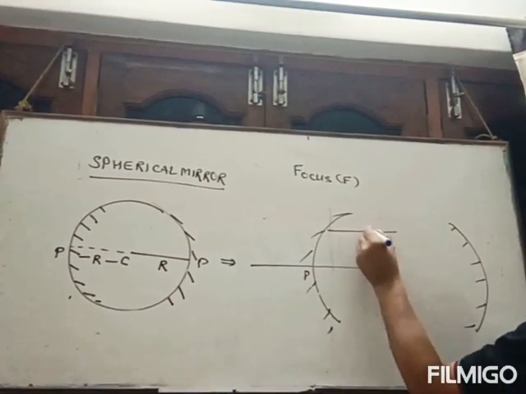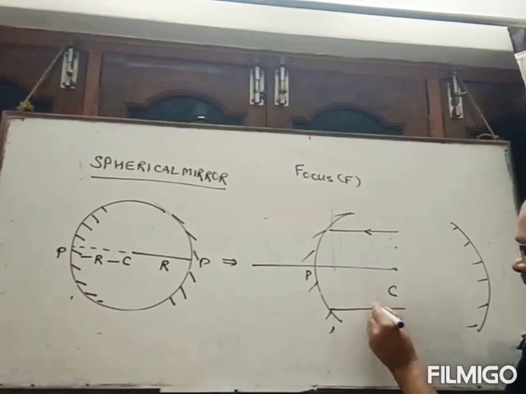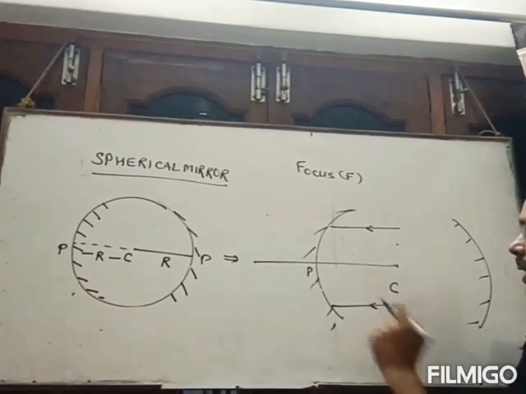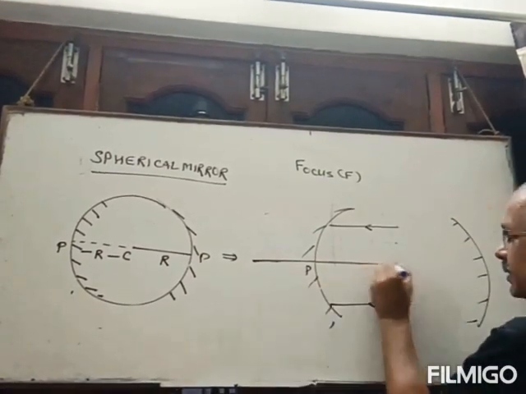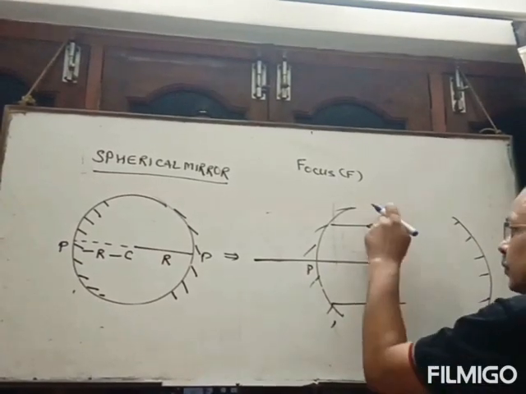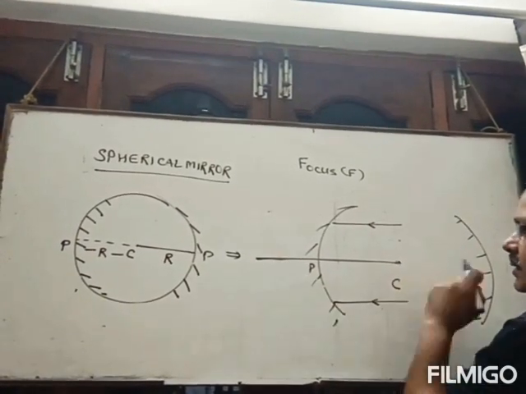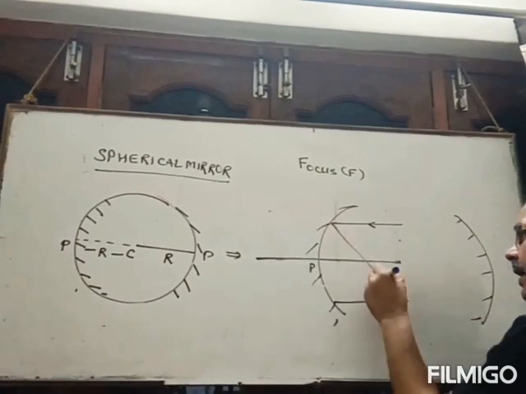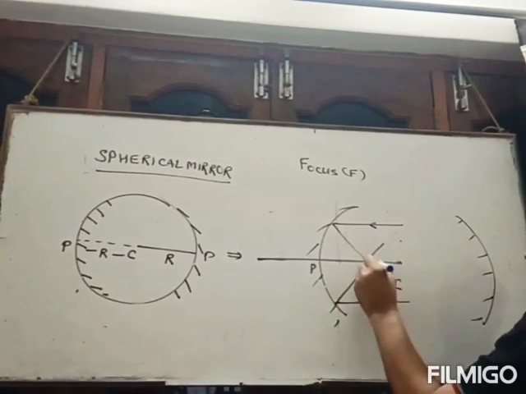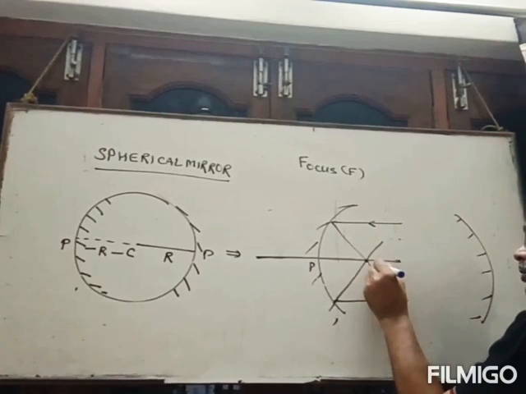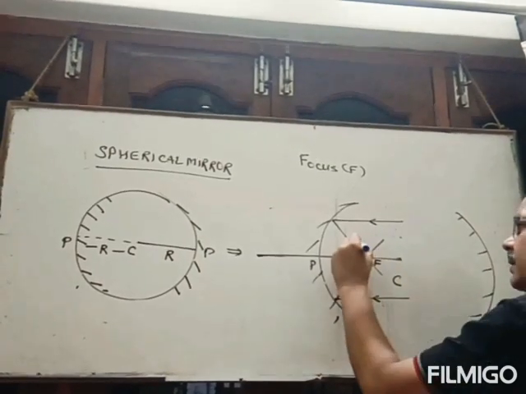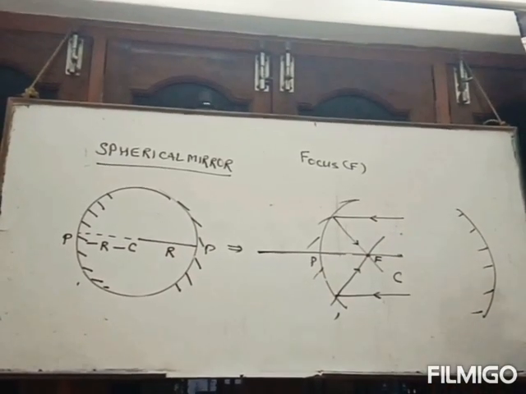Suppose these are the incident rays, parallel to the axis, especially called the principal axis. We will discuss it later on. So these incident rays are parallel to the principal axis. After reflection, they pass through a fixed point of the principal axis called the focus.